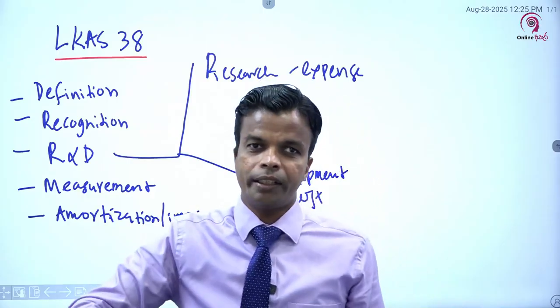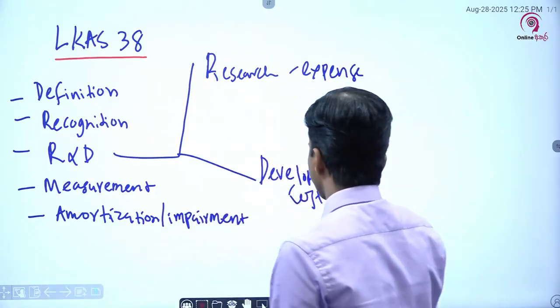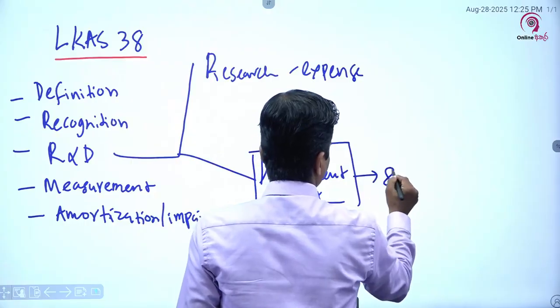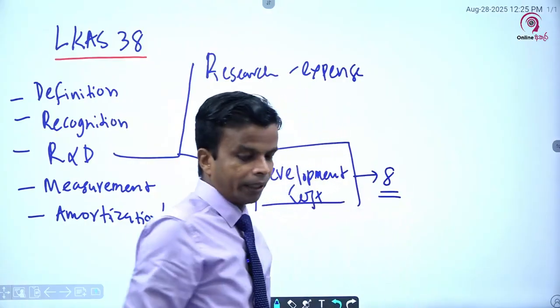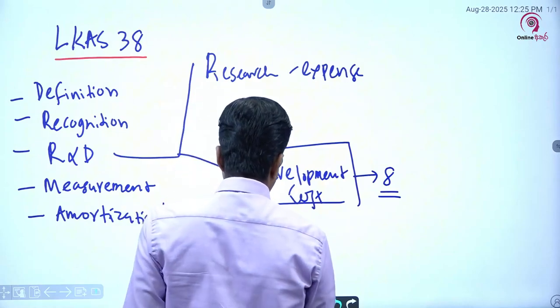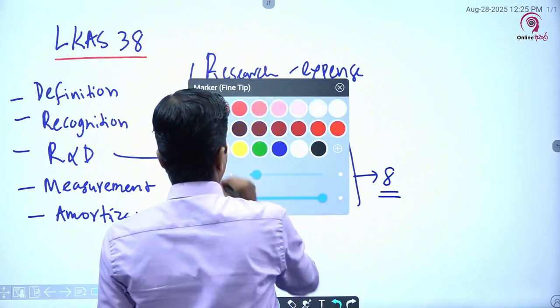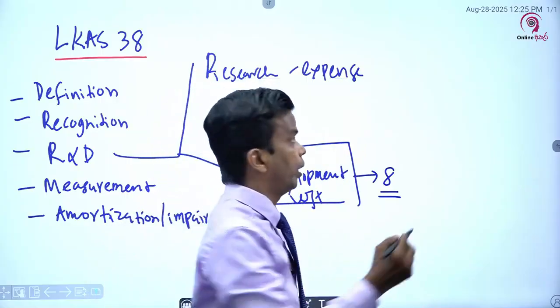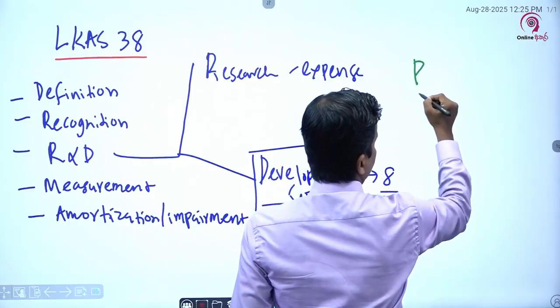Not one of the criteria, but all the criteria. So there are 7 criteria. For your easy purpose, I learned this and I'm sharing it with you. I like to use this word so that you can easily remember. What's the word?